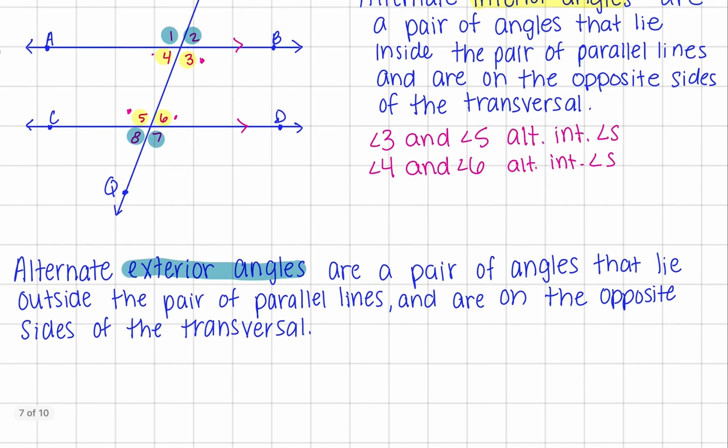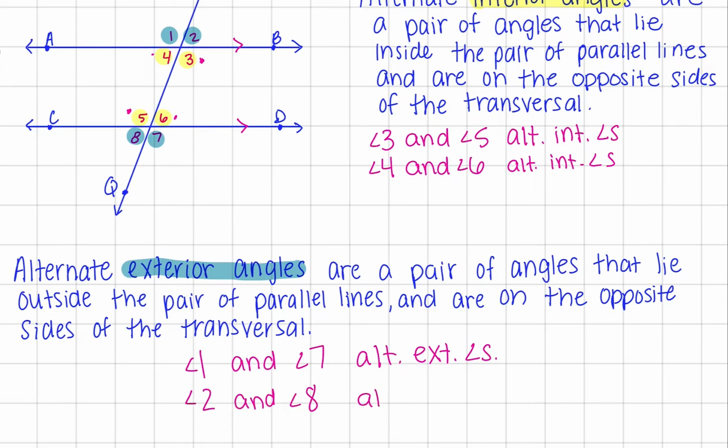Okay? So, based on our definition, angle 1 and angle 7 are alternate exterior angles. And angle 2 and angle 8 are alternate exterior angles.